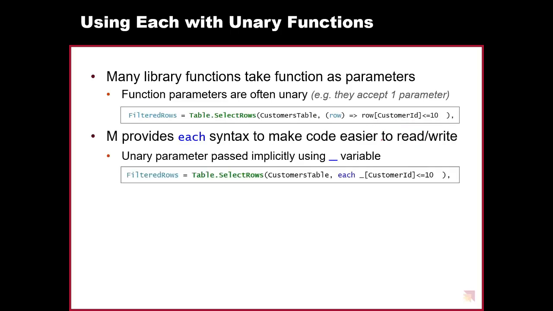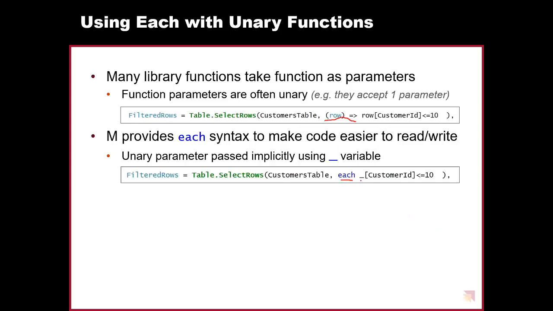Now, one of the things that they do inside of this language, M, is they have this each syntax. What I want to show you is that from the first piece of code that you saw at the top to this piece of code to the next, it's all going to be the same as far as how it functionally works. If you call each, it's kind of like automatically defining the function itself.